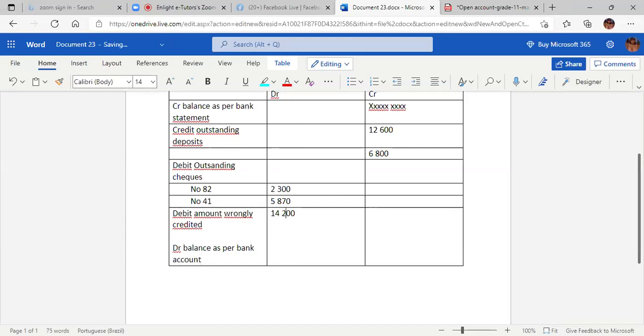The balance as per bank account was 91,735. So debit balance, 2,300 plus 5,870 plus 2 plus 91,735, how much do you get? 114,505.